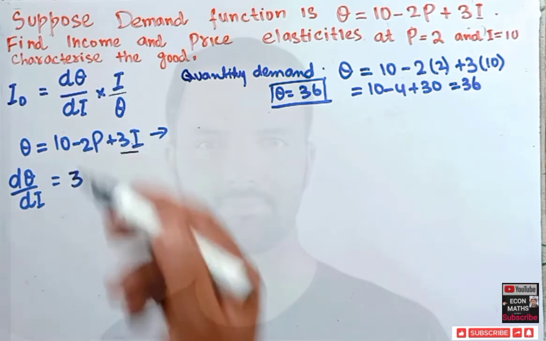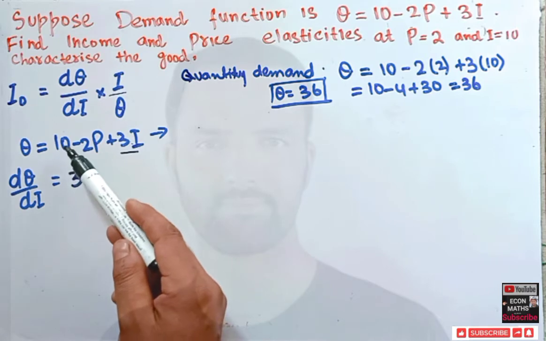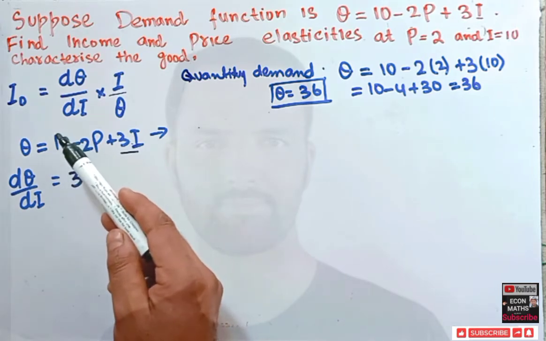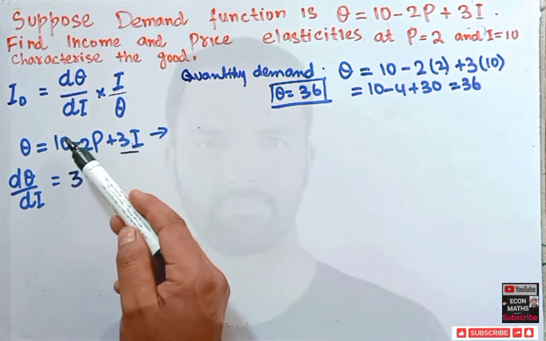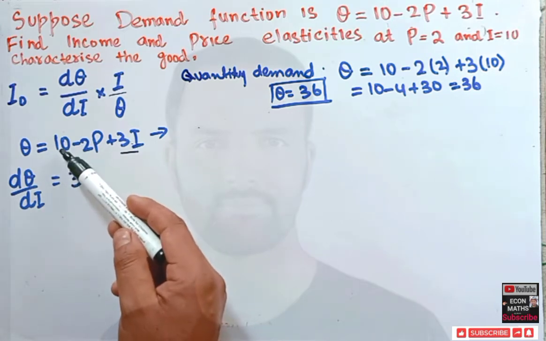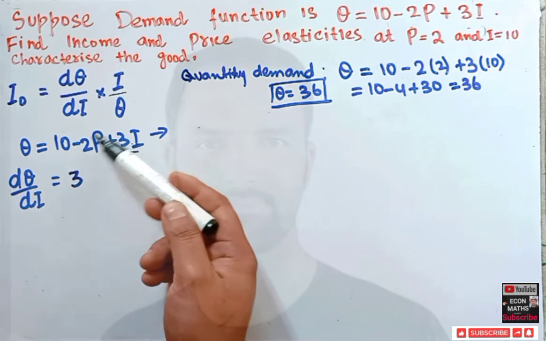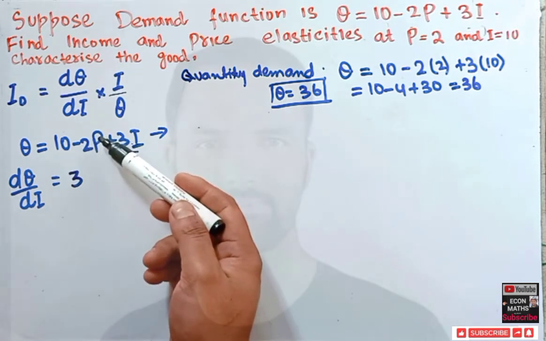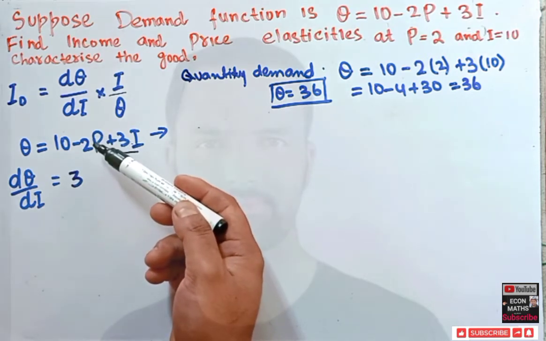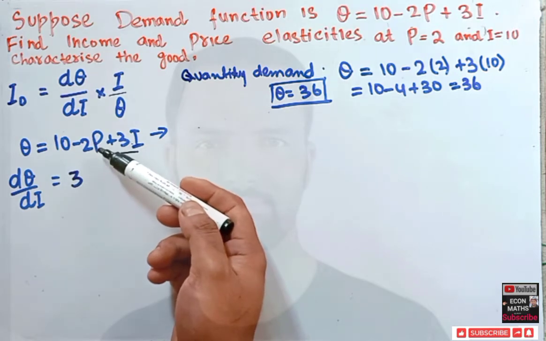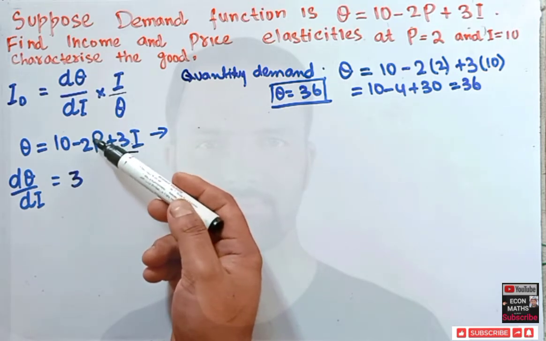So it's quite simple. Since no I variable is here, it will be assumed as constant, and the derivative of a constant is 0. Similarly, in the second term no I is involved, so this p will be assumed as constant. The derivative of a constant is always 0.